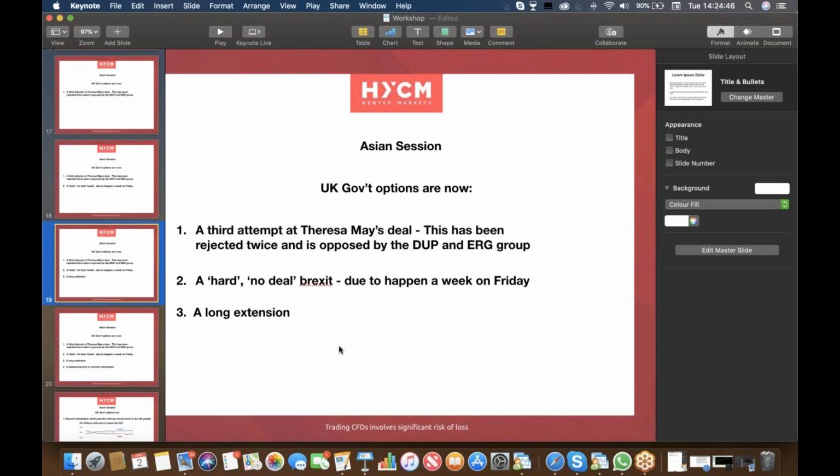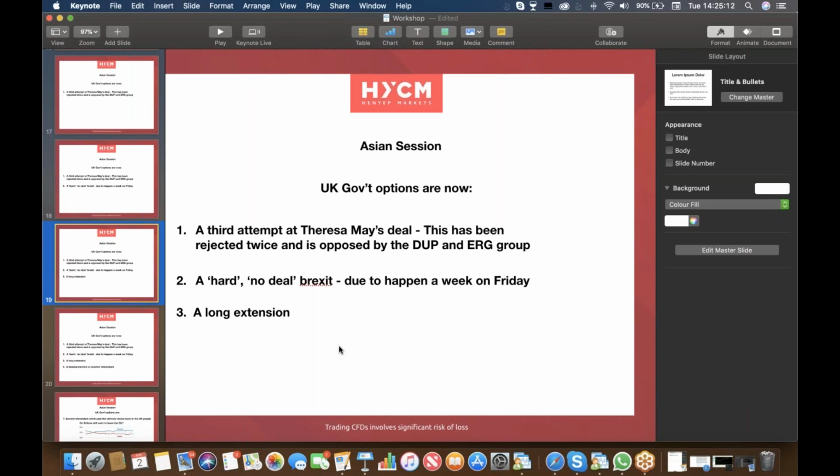The other option now is a long extension. What Cabinet might decide is to say, look, we can't agree on a Brexit solution, so we'll have a long extension. No one wants that in the UK, and the problem is that a long extension is going to be bad news for the UK, particularly because it just prolongs uncertainty.